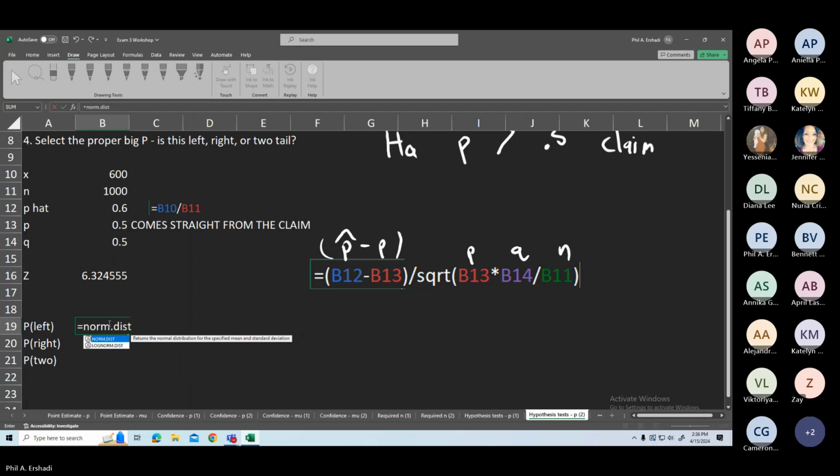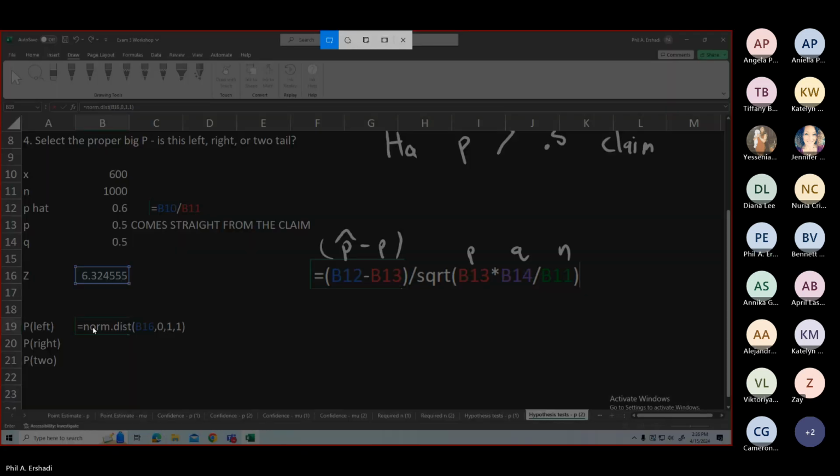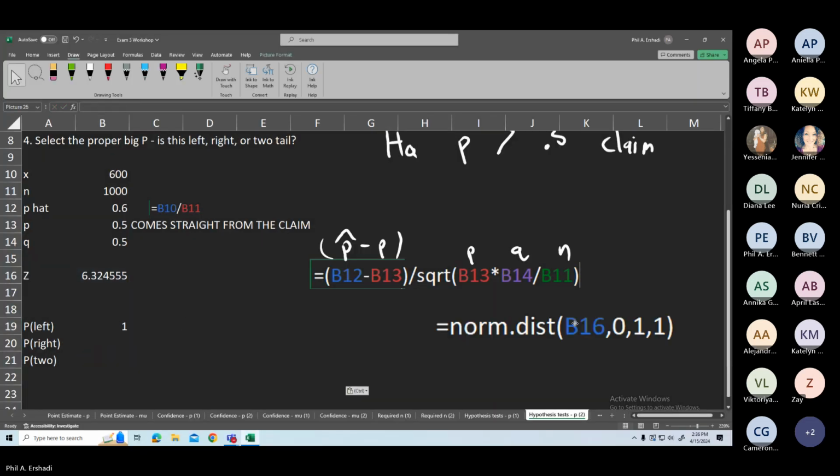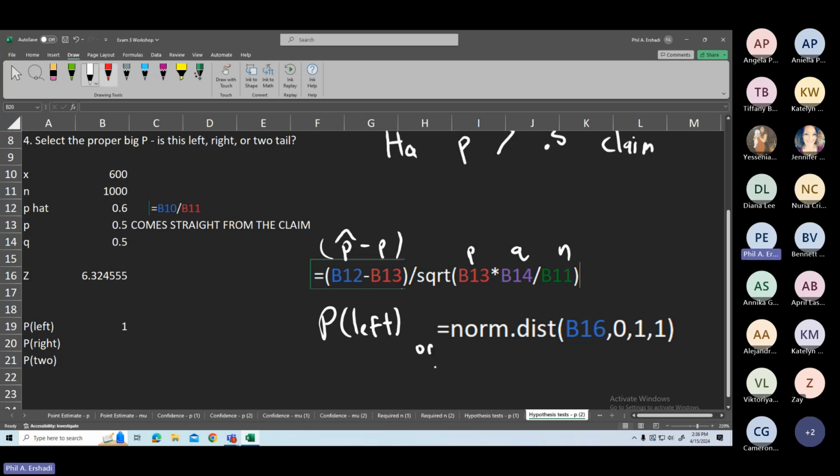It's not my favorite way to do it, but it will get you to the right answer. All right, so I'm going to make a note here. This is P on the left. But what you can also do is you can say NORM.S.DIST, your z-score, comma, TRUE. So if you've seen that, it'll work too.